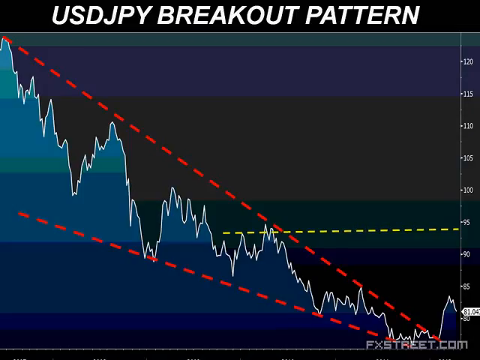So you get this double positive effect: US dollar positive because of the safe haven, flight to safety play, and Japanese yen negative, weakening because of the cyclical forces in the market.